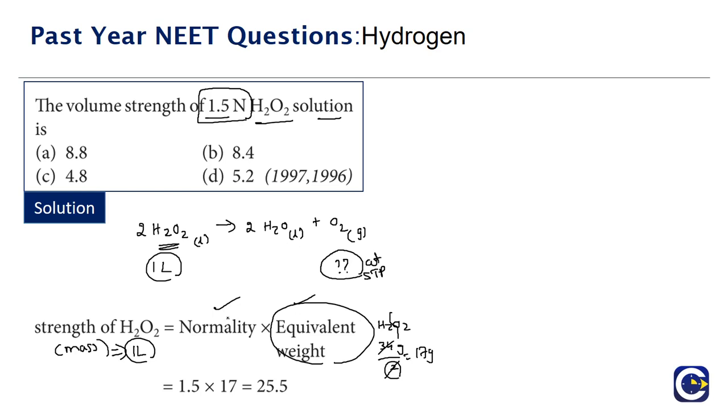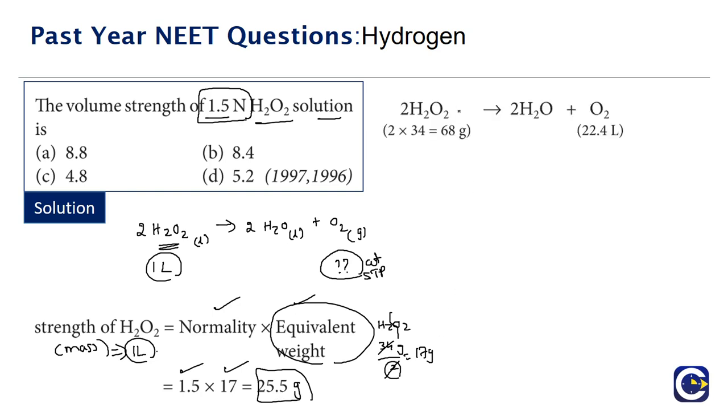So when we multiply normality with the equivalent weight, we find the mass in grams of H2O2 present in 1 liter of the solution. Multiplying the normality 1.5 with the equivalent weight 17, we get the mass of H2O2 in 1 liter to be 25.5 grams.